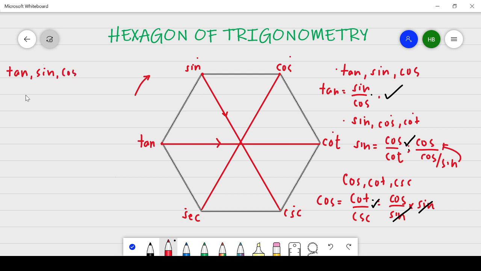So ang sabi ko kanina, the product of your first and third function out of your 3 picks will be your second. Patunayan natin. Tangent daw times cosine is equal to sine. So that's another formula.